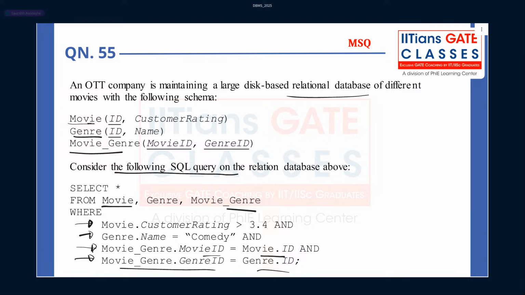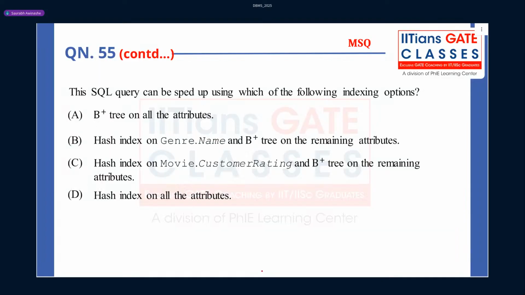Okay. Now the question is, this SQL query can be sped up using which of the following indexing options? Okay. And we are given some options based on the indexing. So we need to analyze that.